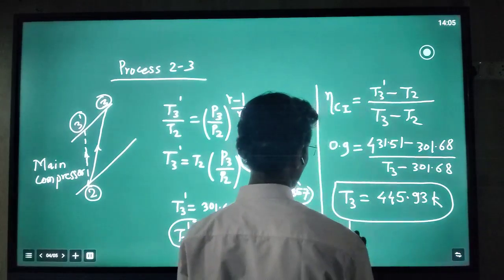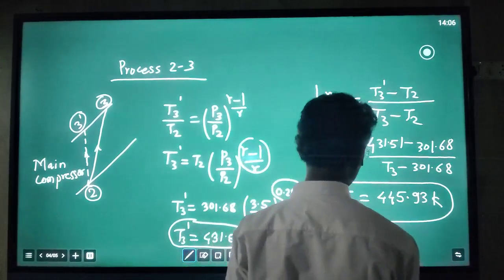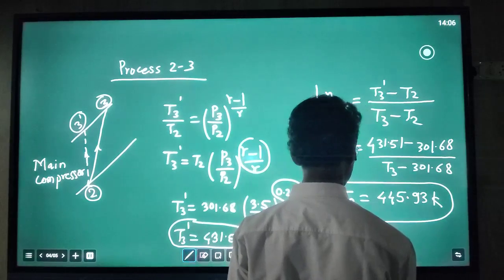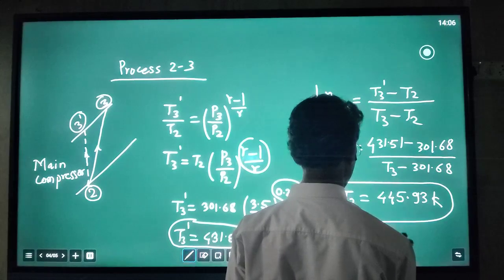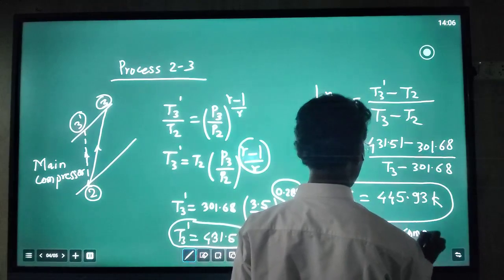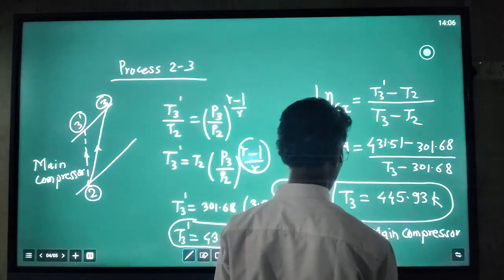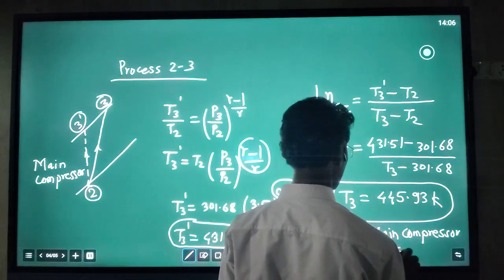This is the compressor 1, or main compressor, exit: the main compressor actual exit temperature.